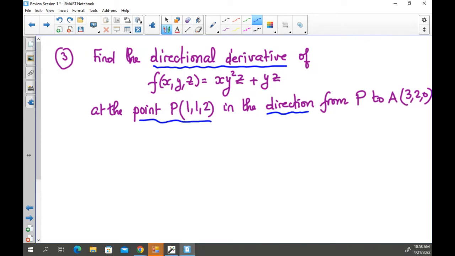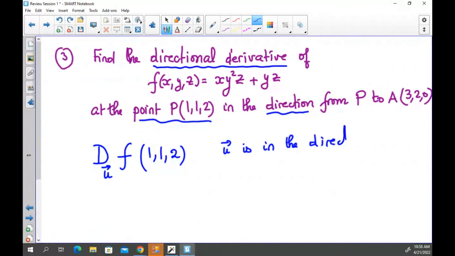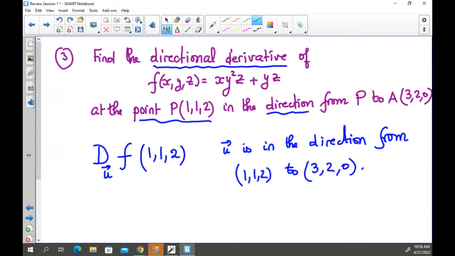So basically here, what we are looking for is the directional derivative of the function f in the direction of a vector u at the point 1, 1, 2, where u is in the direction from the point P, which is 1, 1, 2, to the point A, which is 3, 2, 0. So that's what we want to find here.